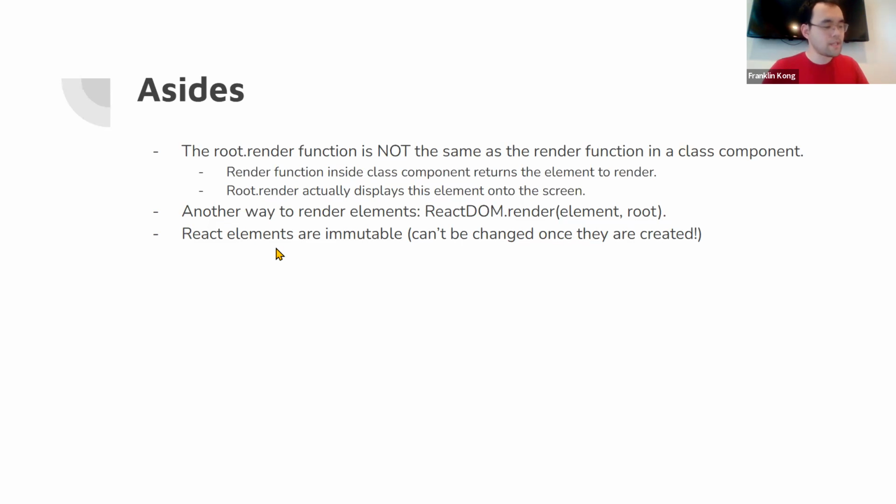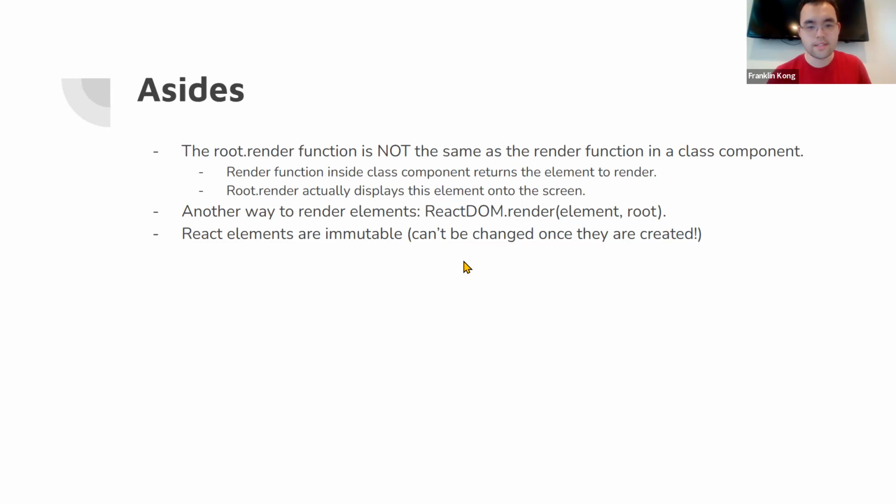Once you create an element, you can't change its children, attributes, or content. Instead, to update the UI, you create a new element and pass it to root.render to be rendered again, so it renders the updated element.